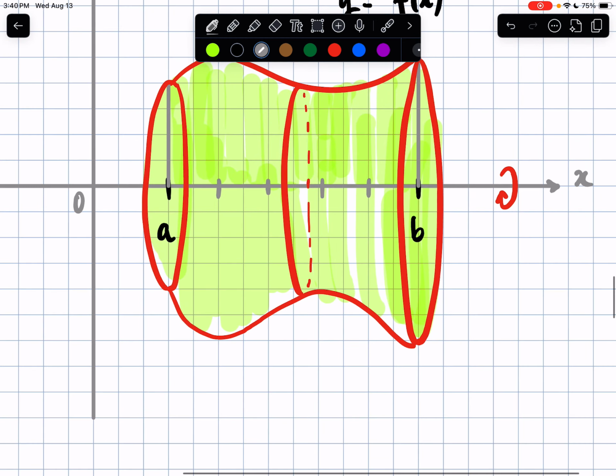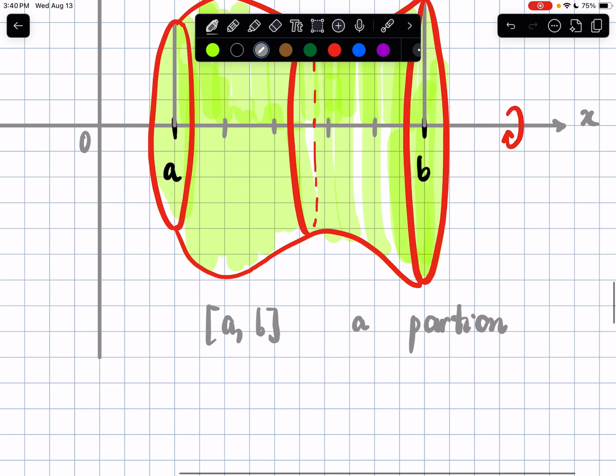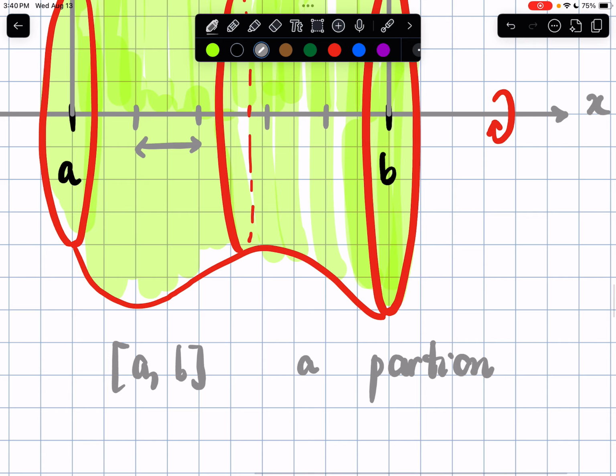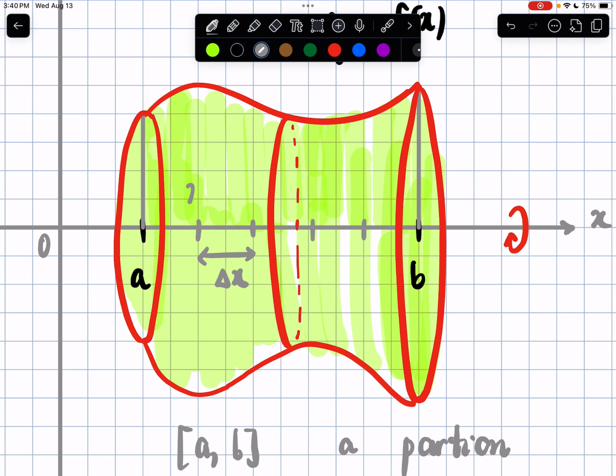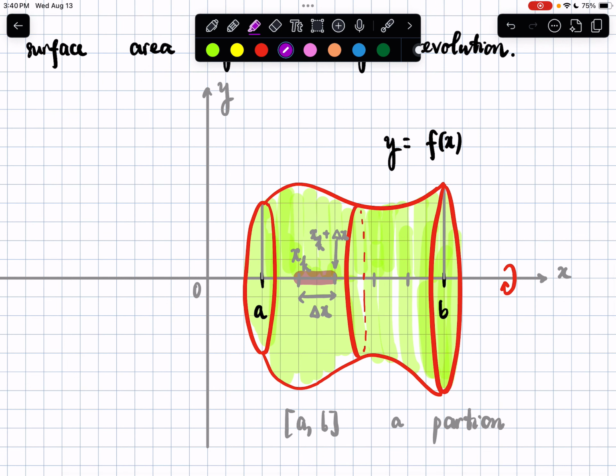So we get a partition of the segment AB. So the interval AB, we have a partition. Each segment has length delta x. So for example, here we have xk. This point would be xk plus delta x, which is the length of this segment.